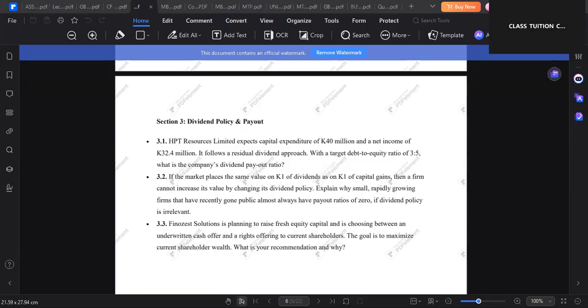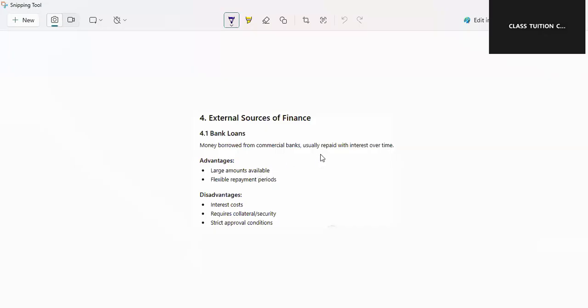What are the advantages of bank loans? These are huge sums that are available and they have flexible payment periods. The disadvantages are the interest costs, you require collateral, and there are strict conditions for approval.